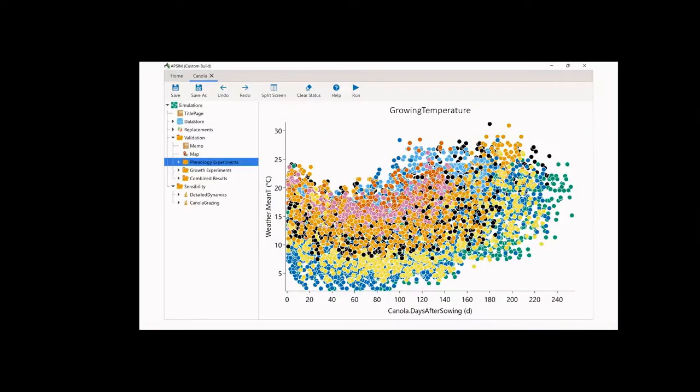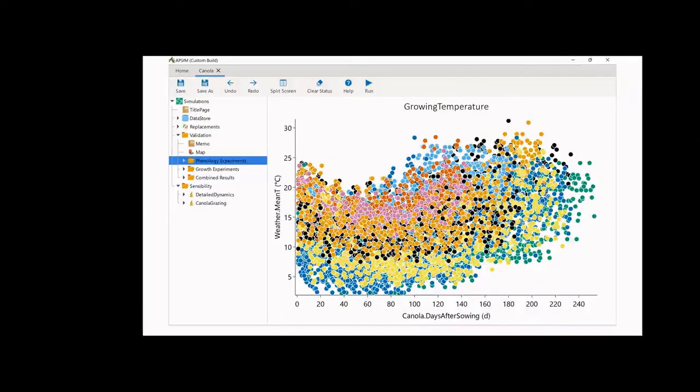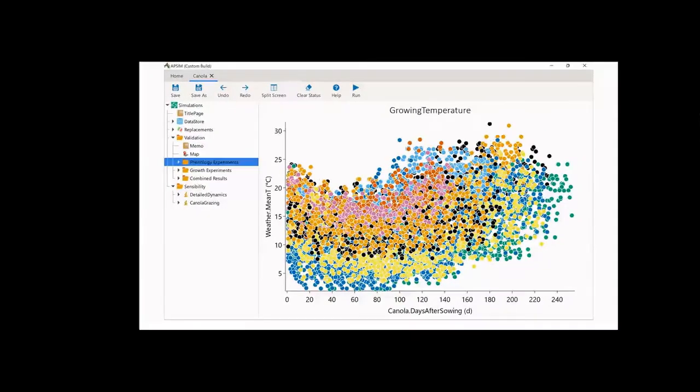In terms of the testing for phenological development, across those data sets, it includes quite a broad range of growing conditions. I've already mentioned that temperatures are the major driver here. What we have there is a graph of the mean temperature against the days after sowing for all of those experiments.